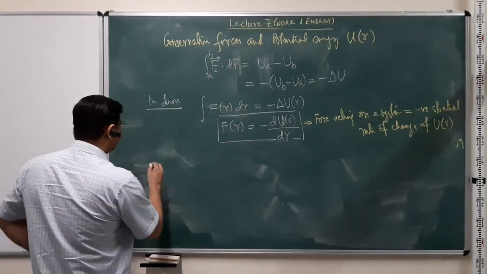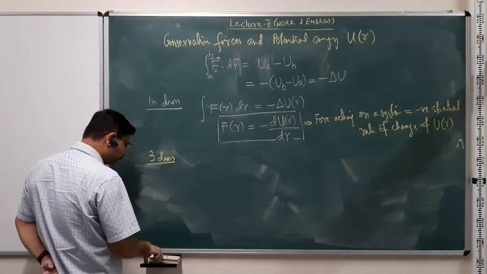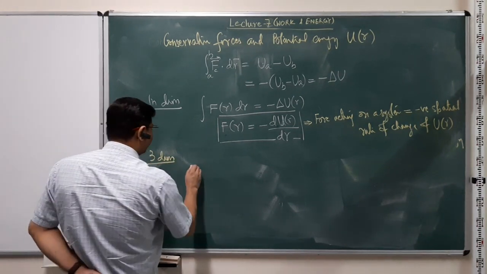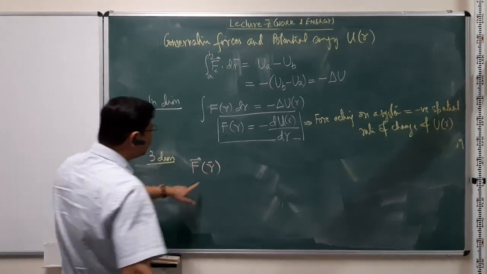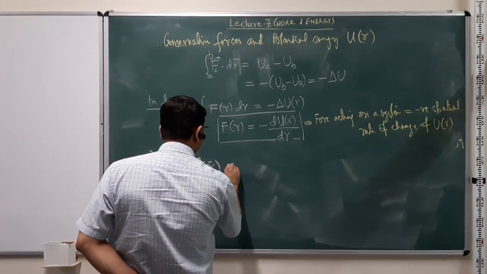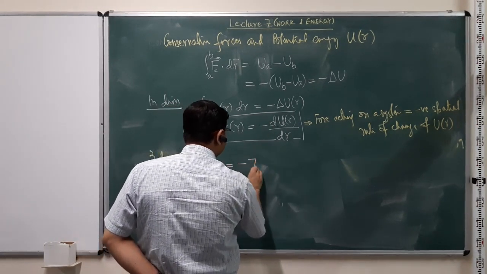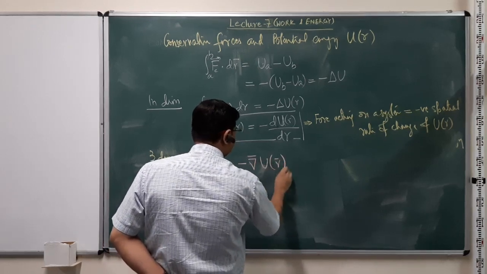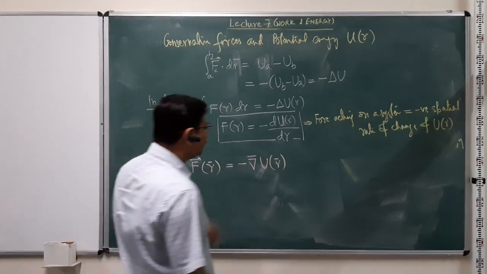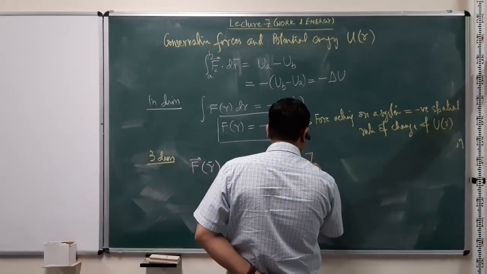In general, for a 3-dimensional problem, what we can do is write F as a vector, which in general depends on r vector, very analogous to this one, as the negative of del u of r, where this term del is a del operator, right?